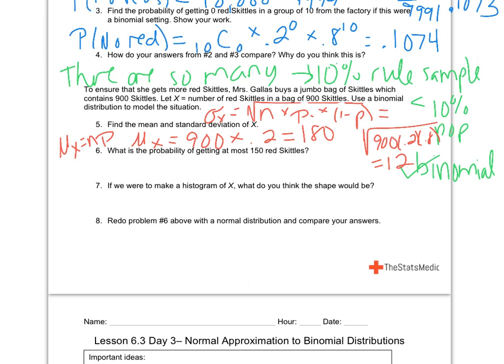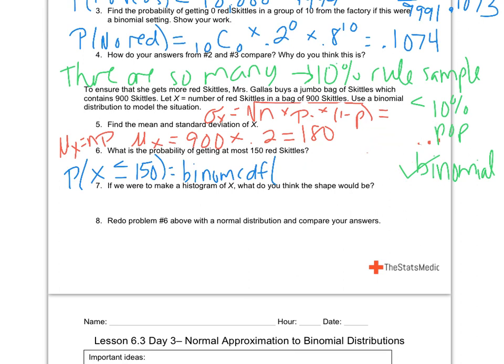So now we want to know the probability of getting at most 150 red Skittles. So now we're looking at the probability that X is less than or equal to 150 red Skittles. Okay, now I'm using my less than situation. So I'm going to use my binomial CDF, I'm not using the PDF.